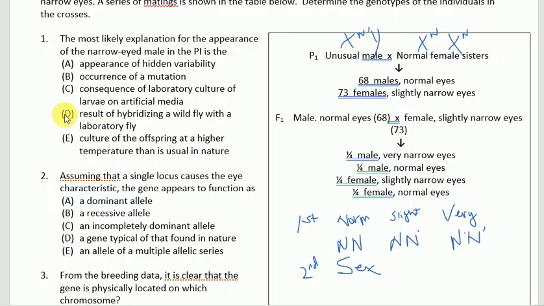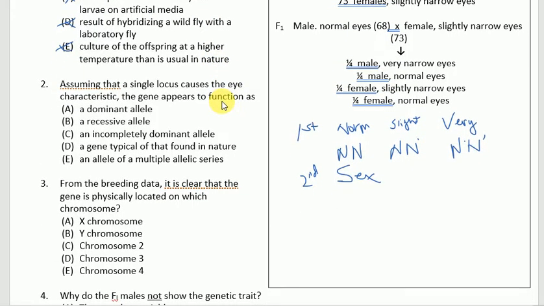So we know that C is not it. And we didn't really talk about hybridizing and temperature. They didn't give us any information about that. So I'm going to go with mutation.